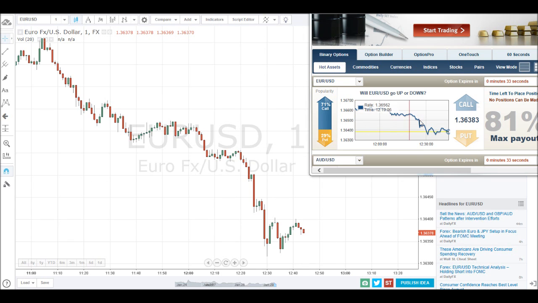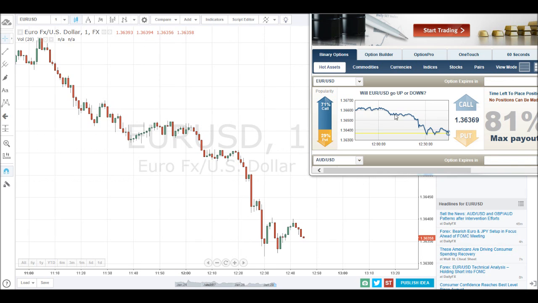First of all, if we look at the historic price data on TradeRush, we'll notice it matches our 1 minute chart here on TradingView. There will be a slight difference. This is a 1 minute chart, and I think this chart's updated every 15 seconds or so, so it won't look exactly the same.